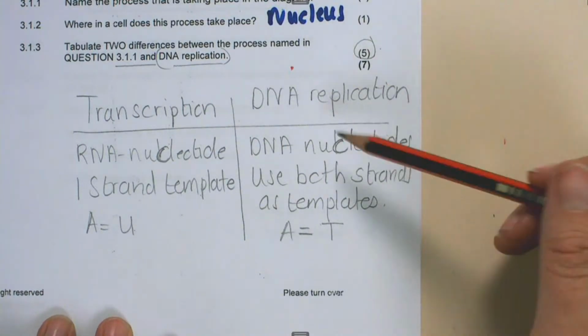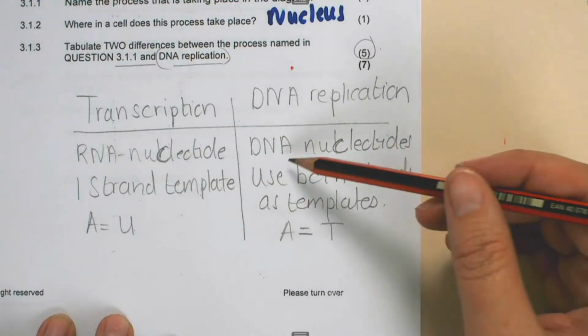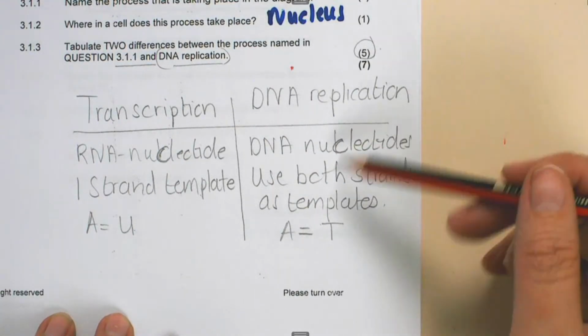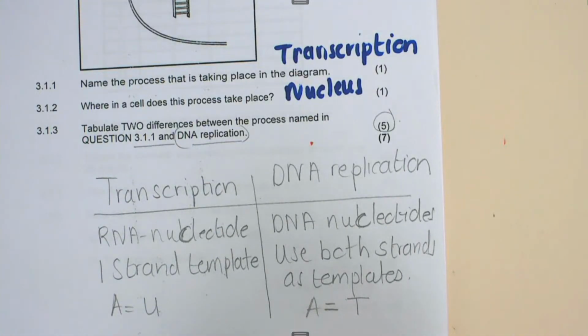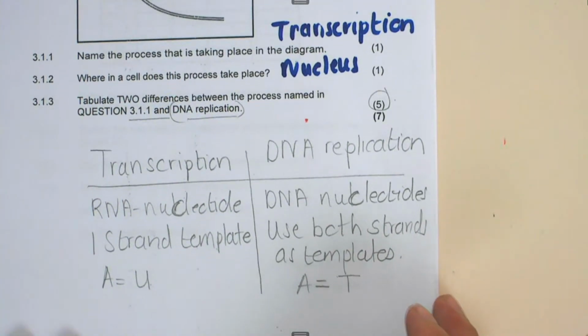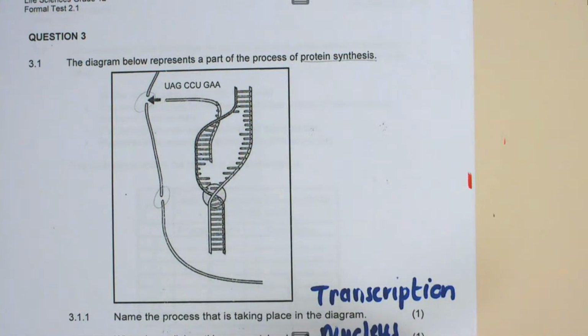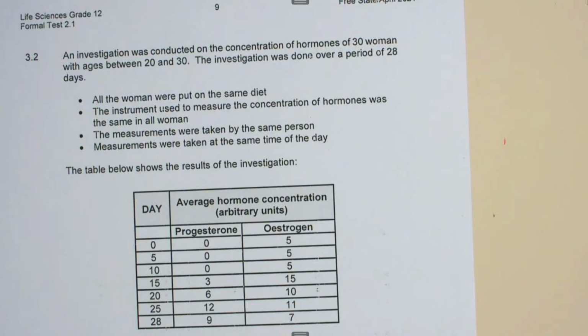And during DNA replication, we have DNA nucleotides. Both strands are used as templates, and adenine is combined with thymine. So those are important differences that you can add there when marking the question on the differences between transcription and DNA replication.